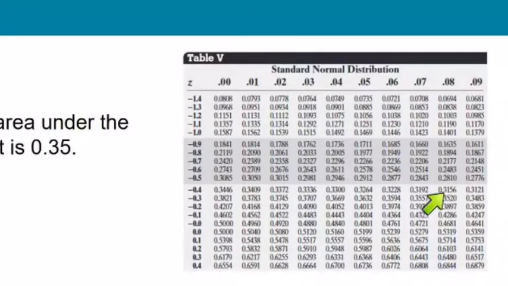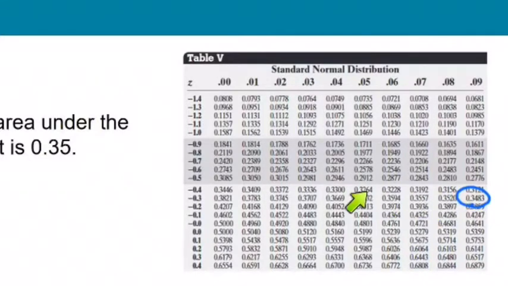And you have to do a little quick subtraction in your head. If you subtract 0.35 from this number, you see that this one is 20 10,000ths too big. And if you subtract this number from 0.35, you'll see that this one is 17 10,000ths too small. So this one is just slightly closer than that one.